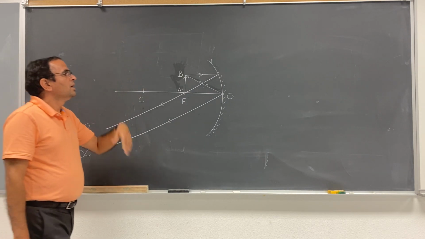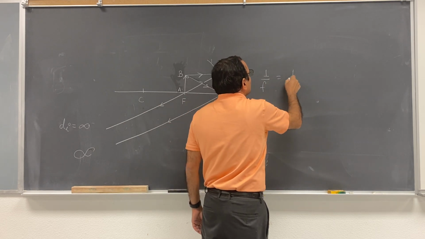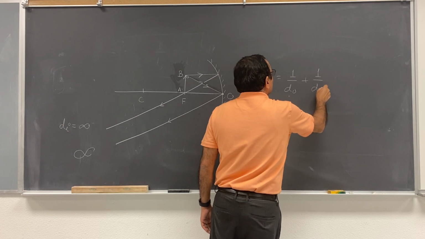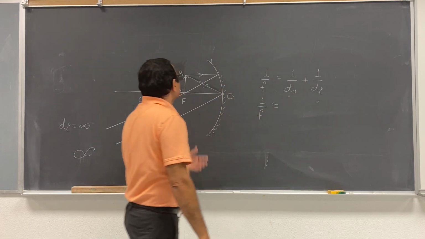If you keep the object at the focal point, you can try from here. 1 over f is equal to 1 over d_O plus 1 over d_I. Here 1 over f is the focal length of the mirror. What is the object distance here?